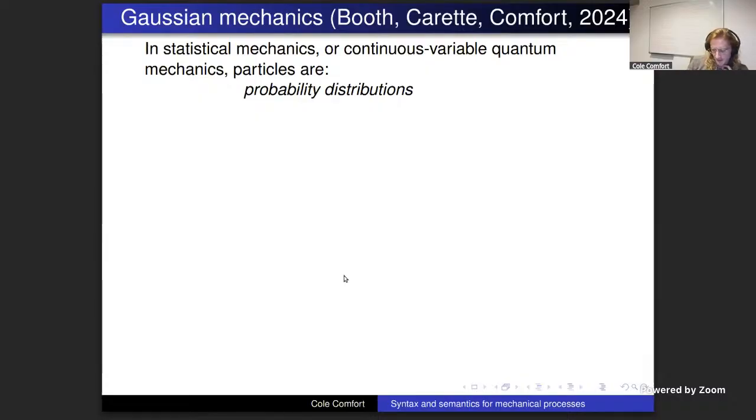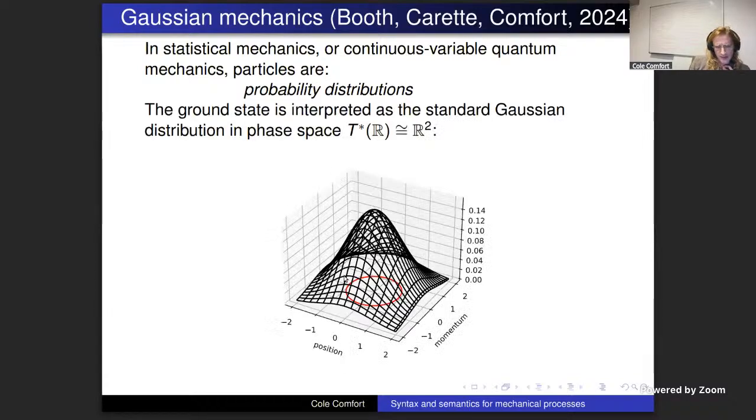And similarly, in classical statistical mechanics, you don't talk about particles as points. Rather, you think of particles as being probability distributions. And the ground state in quantum mechanics is not represented by a point now, but a probability distribution in phase-space. In particular, it's the Gaussian probability distribution in phase-space.